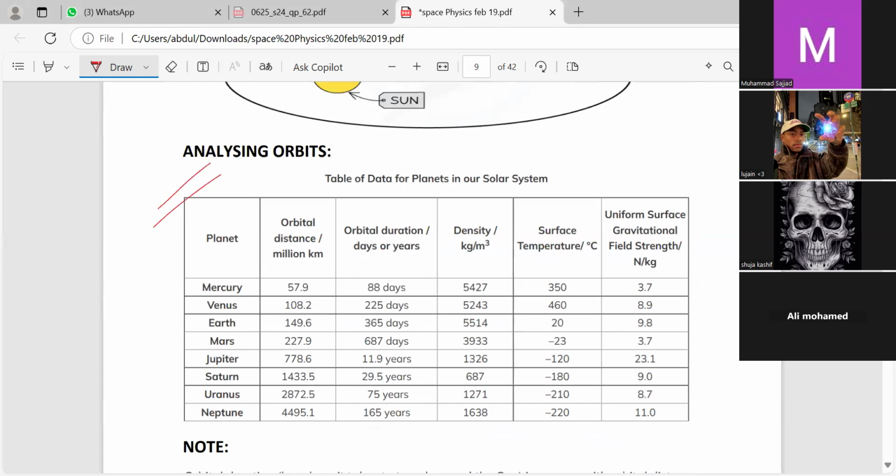Yes, Lajin, you raised your hand. I wanted to ask whether that part of space physics has no calculations, only structure. No, there are calculations, numerical problems. There are many calculations, though not too many as in general physics or electricity and magnetism. You have to calculate light year, you have to calculate orbital velocity, and you can be asked to calculate the age of the universe.